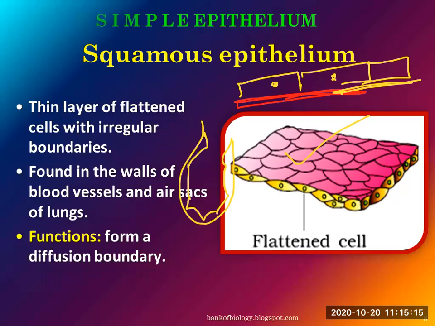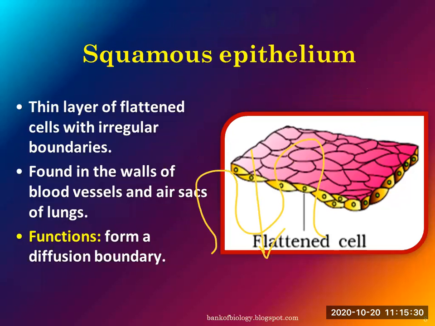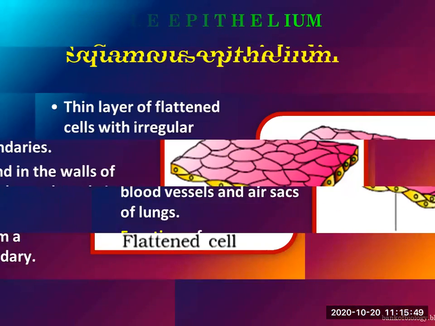It forms a diffusion boundary, for the diffusion of air in the alveoli of the lungs and of excretory wastes in the Bowman's capsule. So the properties of squamous epithelium to be remembered: a thin layer of flattened cells with irregular boundaries, found in the walls of blood vessels and air sacs of lungs, forming a diffusion boundary.